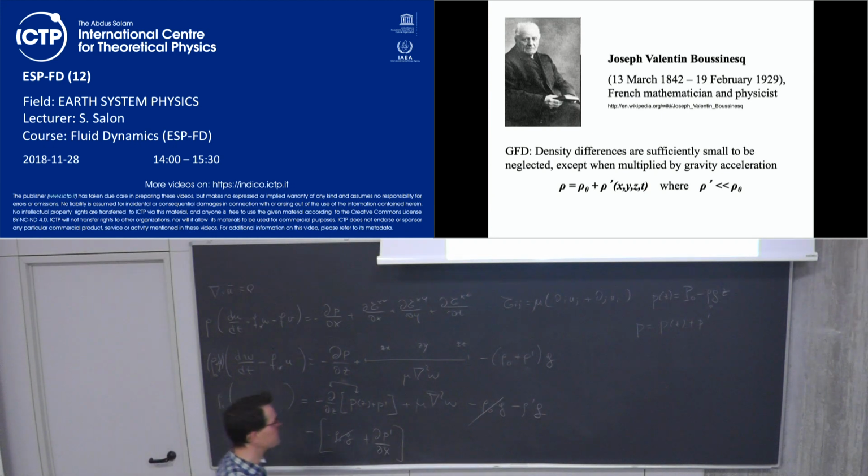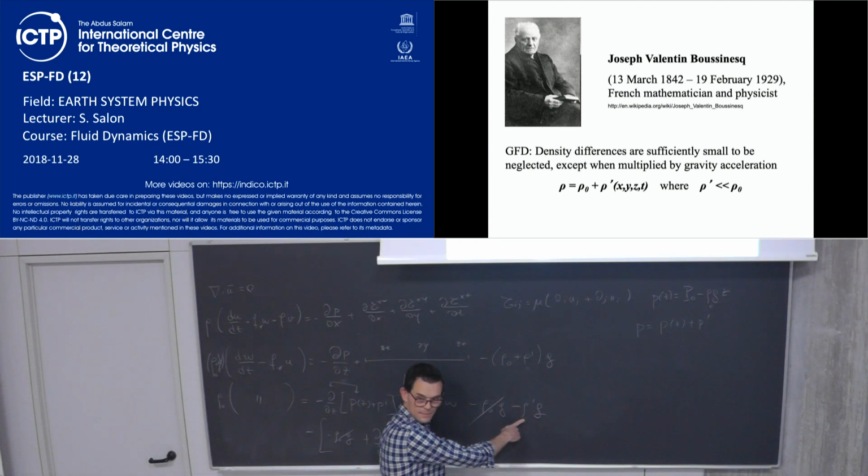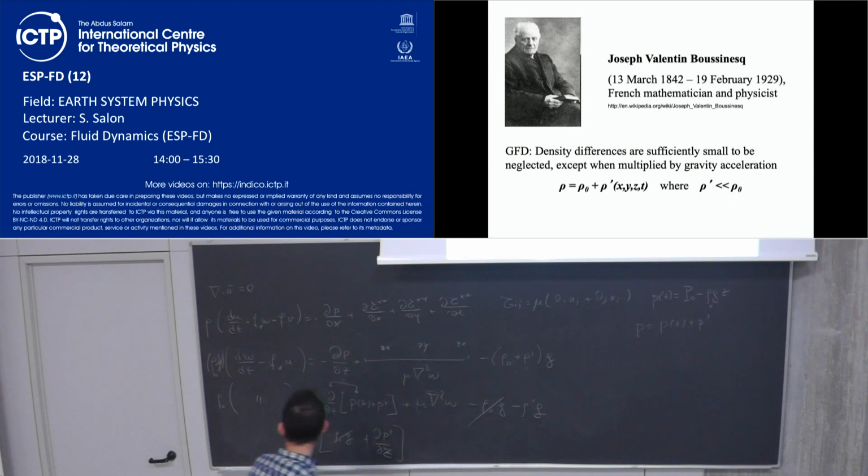So what we obtain, we can again divide by ρ0. What we have here will be 1 over, not Zx, but z. 1 over ρ0, this will be ν, and this will be just ρ prime times g, sorry.